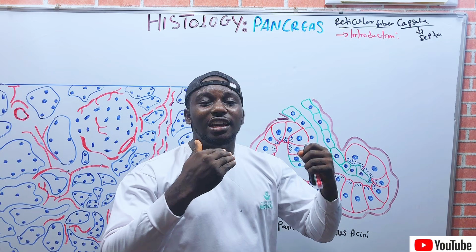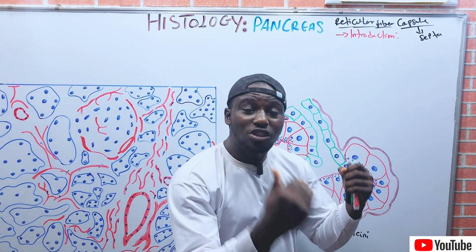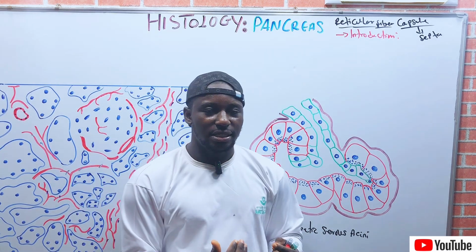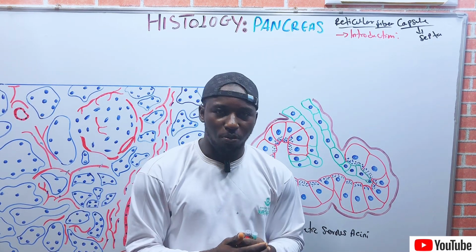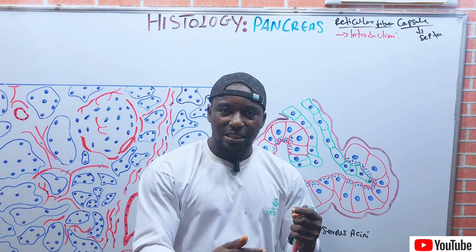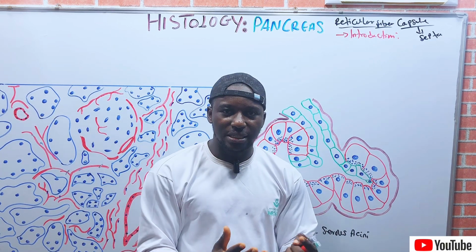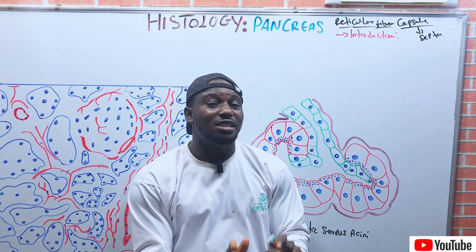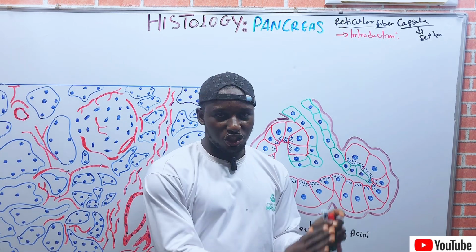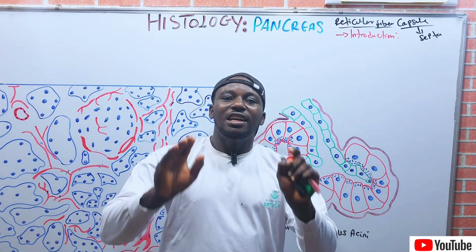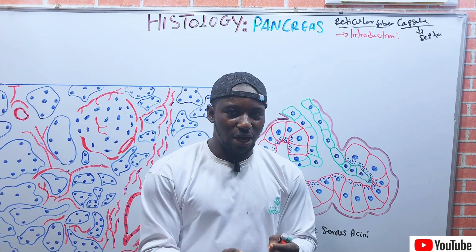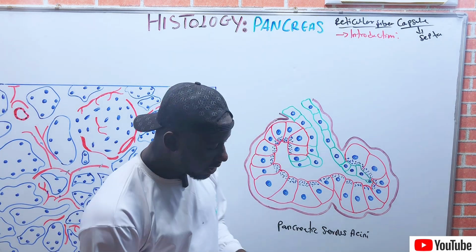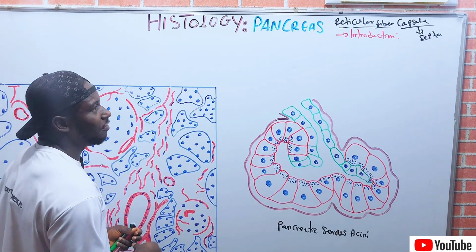The exocrine component of the pancreas forms the bulk of the pancreas compared to its endocrine component. That is to say that the whole pancreas is mostly formed by the exocrine component, which is that part of the pancreas concerned with enzyme secretion, whereas its endocrine component is smaller compared to its exocrine component.